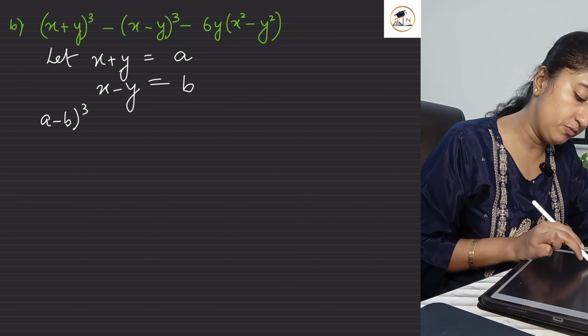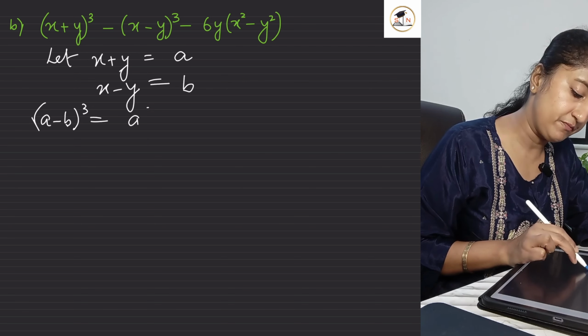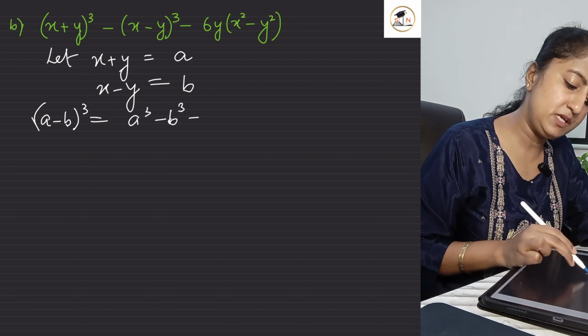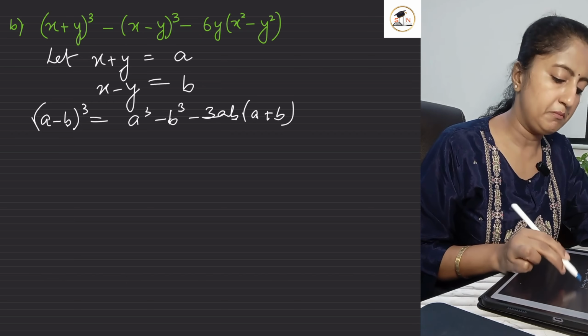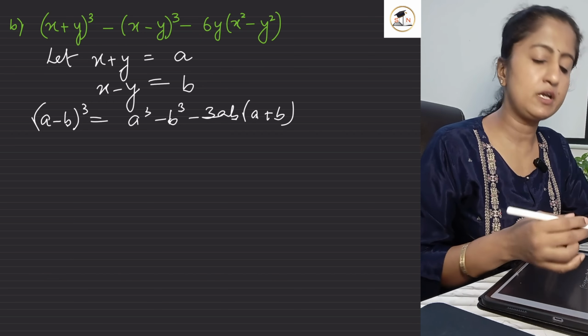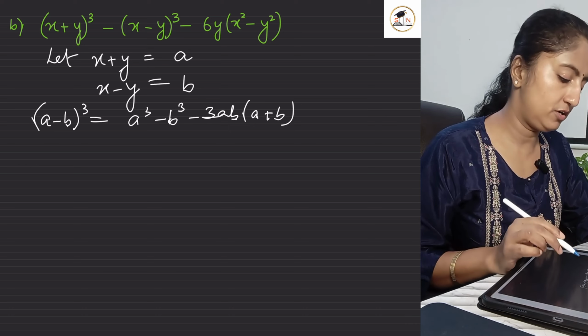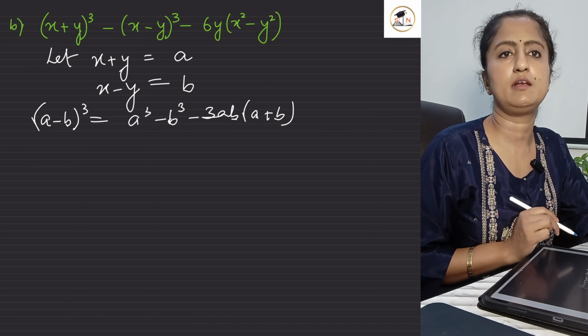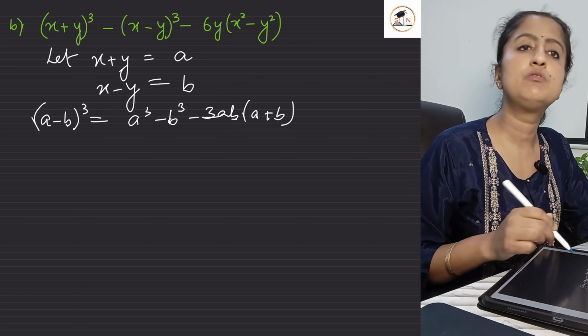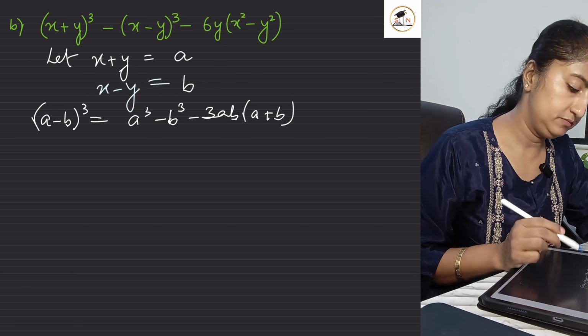What should be the expansion? a³ minus b³ minus 3ab into (a minus b). But we are still not able to relate it confidently because we do not find these terms as they are over here, right?